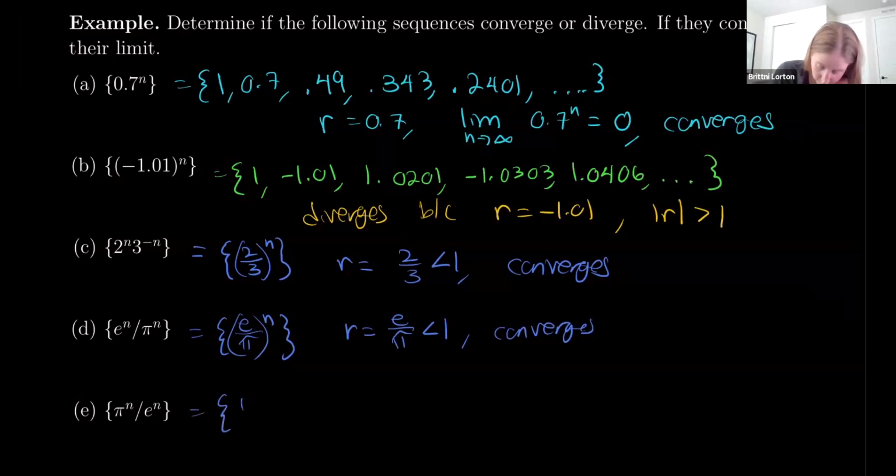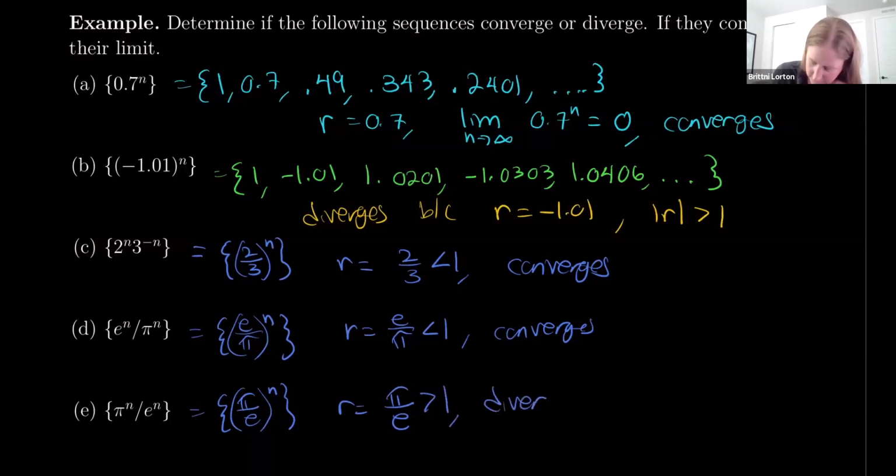Whereas if I had it the other way around, pi over e to the n, my r is pi over e, which is 3 divided by 2.7, which is definitely bigger than 1, so that would diverge. So for the geometric sequence, it converges if your r is less than 1, and it diverges if your r is bigger than 1.